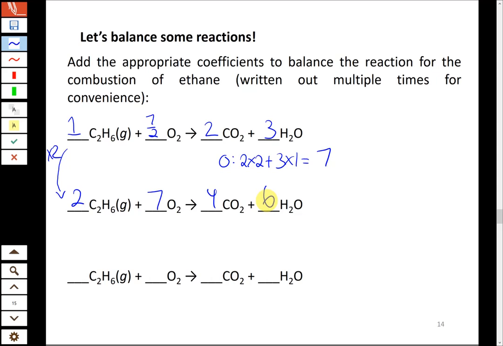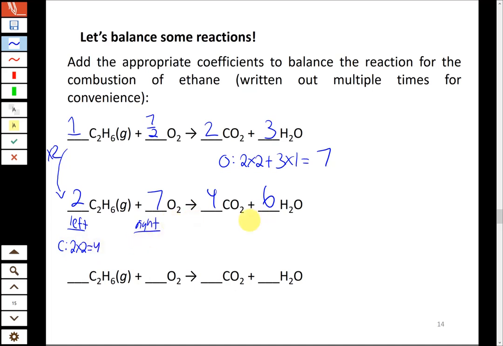All right, and again, we need oxygen last because it appears in both of our products. So if we check the different elements now and make sure that they're balanced, on the left side and on the right side of the arrow, let's make sure they work. So on the left side for carbon, we have a coefficient of 2 and then 2 carbons in the formula, so we have a total of 4 carbons.